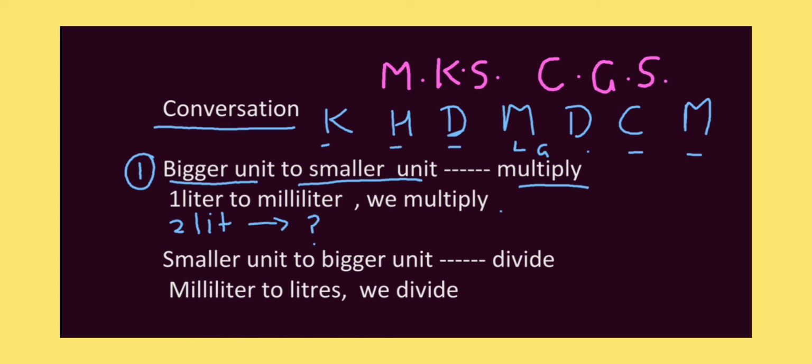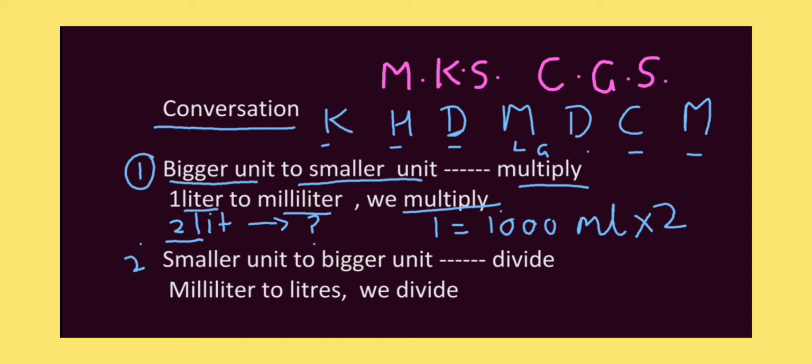In that case, we know that 1 liter is equal to 1000 milliliters. So we have to multiply. Liter is bigger, milliliter is smaller. So we just have to multiply it with the number that is asked, that is 2 liters, and we will get our answer, which is 2000.